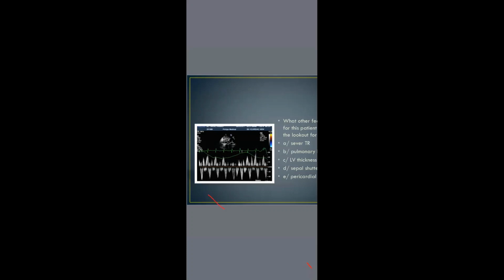This one is diastolic. Sorry, this is systolic. If I see this systolic up here, this will be systolic reversal of severe TR. But the diastolic reversal has nothing to do with severe TR. It has something to do with constriction, restriction, diastolic dysfunction of the RV and stuff like that.